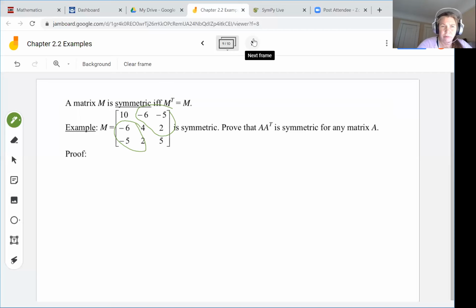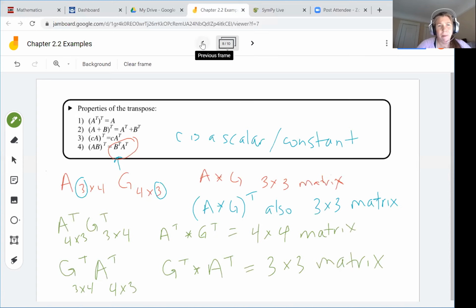Okay, so we've got A times A transpose, and we want to show it's symmetric. So it's going to be symmetric if its transpose equals itself. So let's take the transpose of that and see what we get. All right, by our matrix properties, if we head back to the properties, by property 4, we can distribute that transpose through and reverse the order of multiplication.